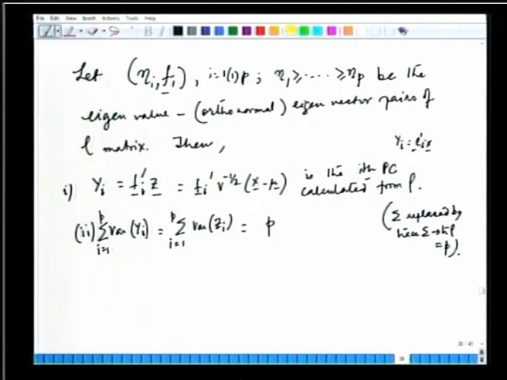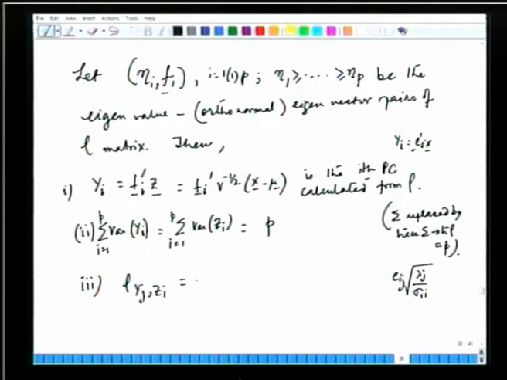Another point to be noted is the covariance between yj and zi, as we had considered yj and xi. There, if you recall, it was eij times root lambda j divided by root sigma ii.